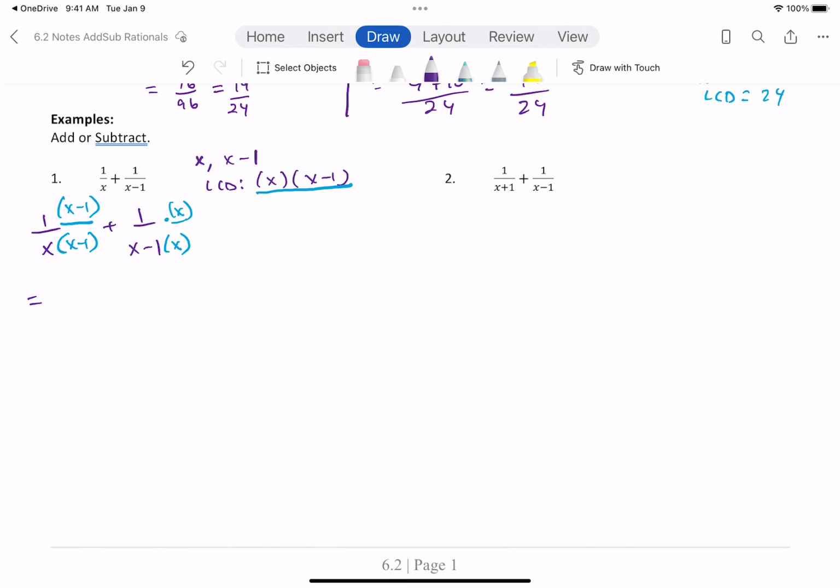Alright, so that is now going to give me 1 times x minus 1 is just x minus 1 over x times x minus 1, plus 1 times x is x over x times x minus 1. And now you notice my denominators are the same. So I can collect my numerators over that common denominator.